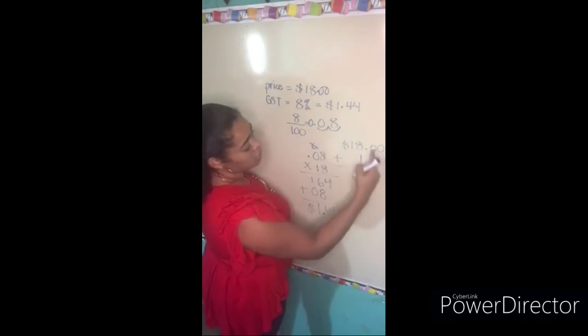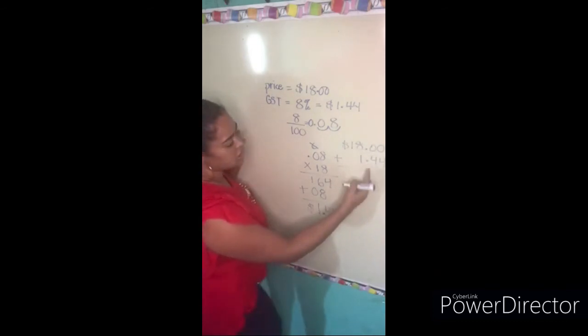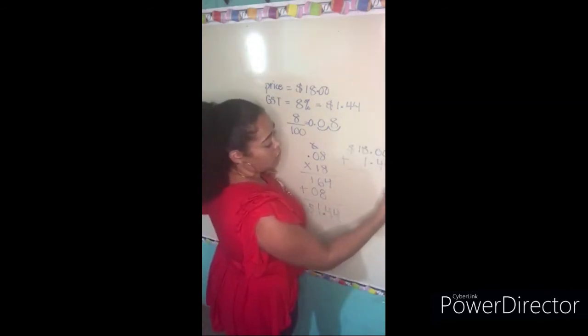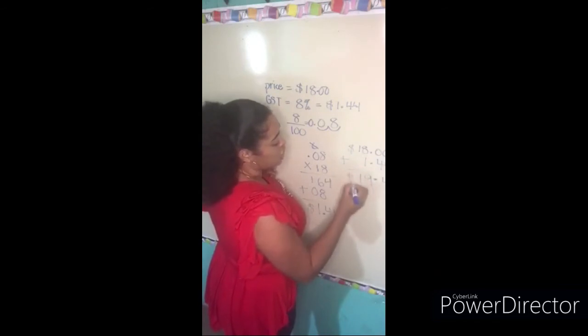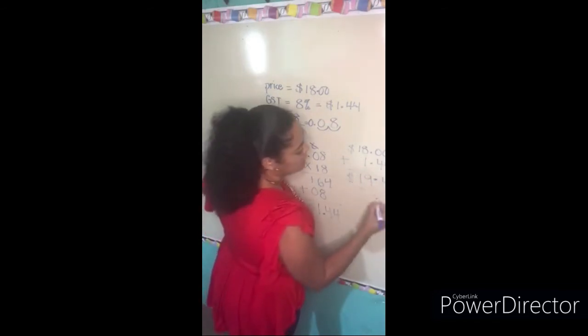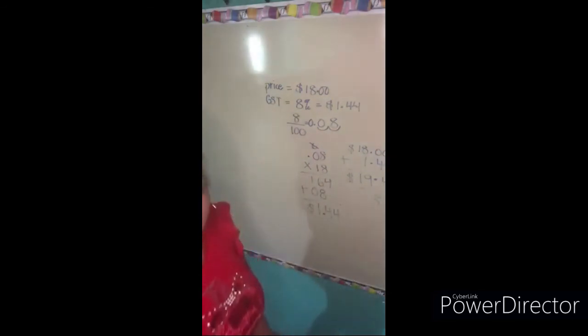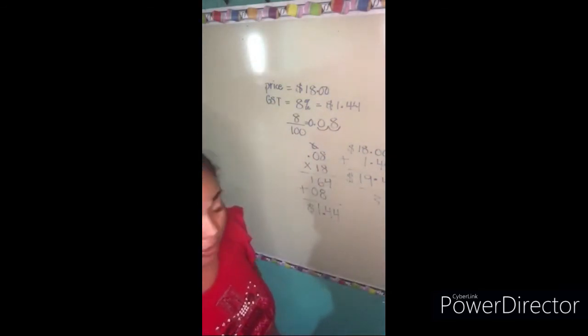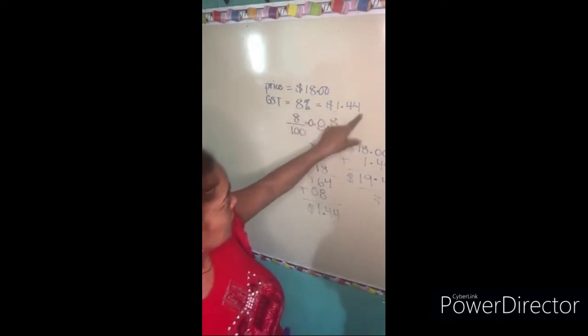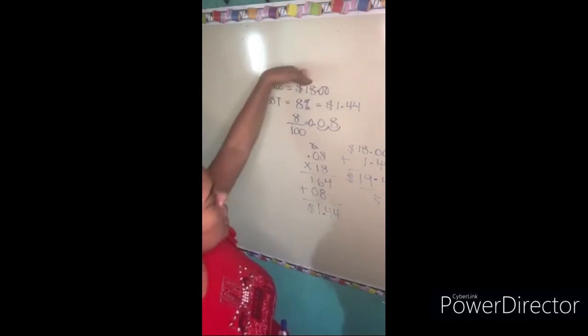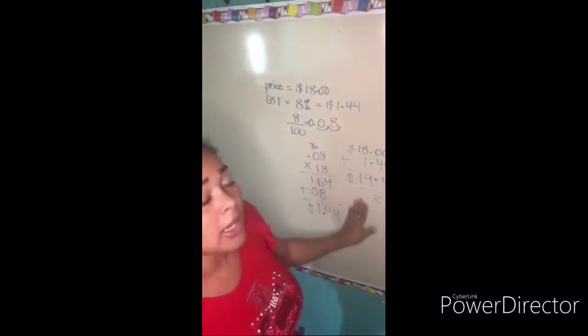Remember, number under numbers, decimals under decimals. So 0 and 4 is 4. 4 again. Put your decimal, don't forget that. 8 and 1 is 9. And 1, we're going to bring down this 1. So she ended up paying $19.44 for her bag. All right? So whatever you get for the percent of the GST, you're going to add it to the marked price for you to find the total.